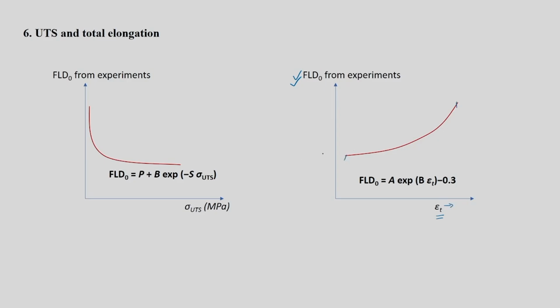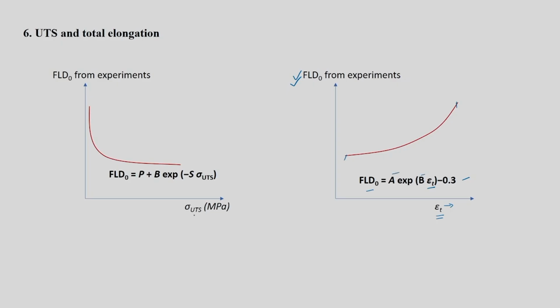I have drawn it schematically, and one can fit this type of equation: FLD 0 is A exponential B epsilon t minus 0.3. Epsilon t is total elongation, and FLD 0 is the limit strain in epsilon 1 in plane strain deformation. This A and B can change depending on the material you choose.